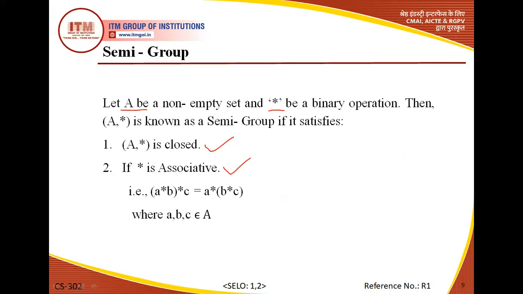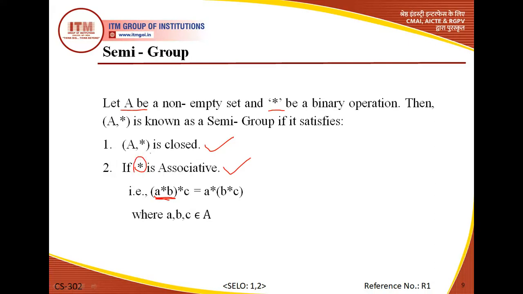Then, if you have operated A and B first and then with C, and if you have operated B and C first and then with A, the answer should come out to be same. If that happens, then we would say that the operation is associative with respect to this particular set.